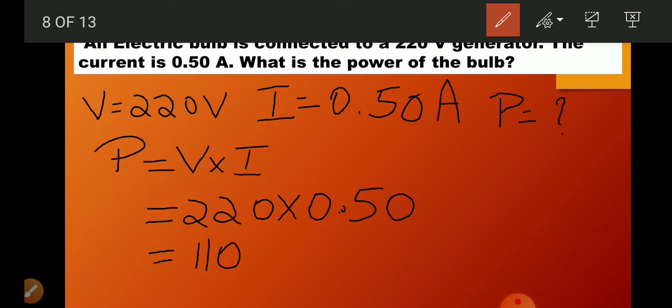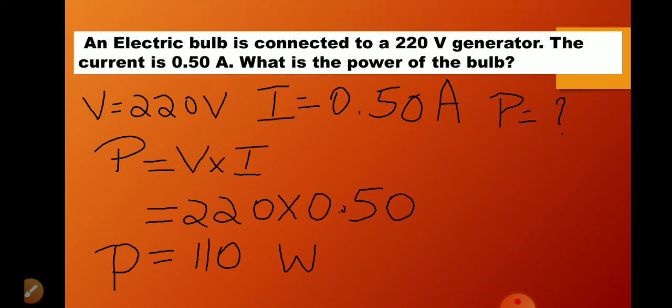The unit is watt, that is 110 joule per second, or 110 watt. Please mention the unit always when solving problems. Always write the unit in front of the answer. So the power of the bulb is 110 watt.